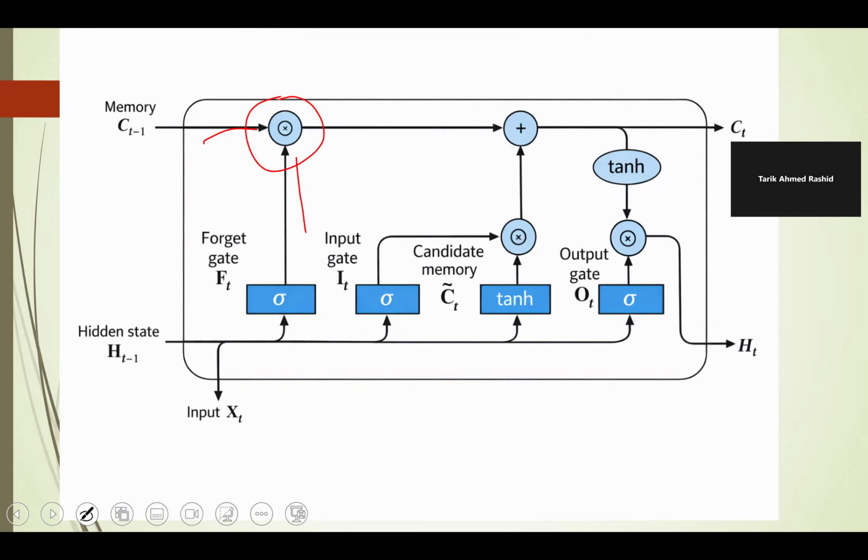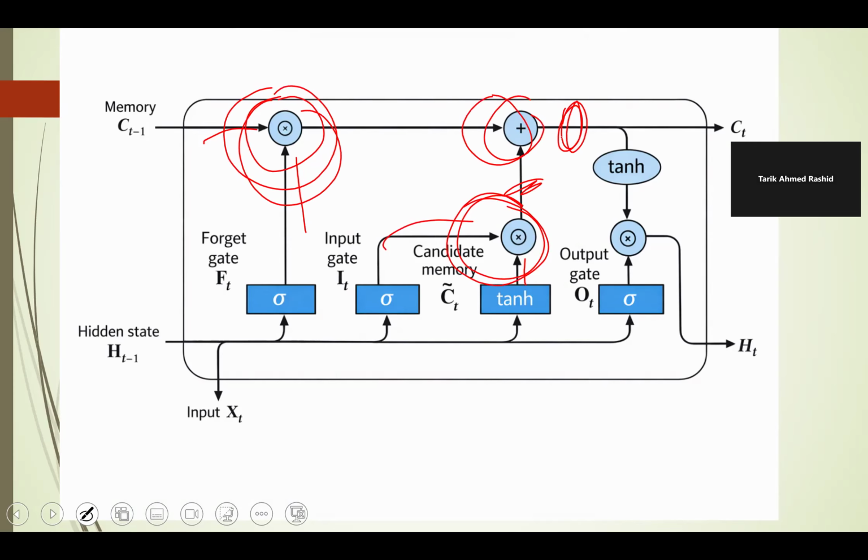So we will get this part, and then we add them with this one. So this one and this one will be added, so we get this information here.